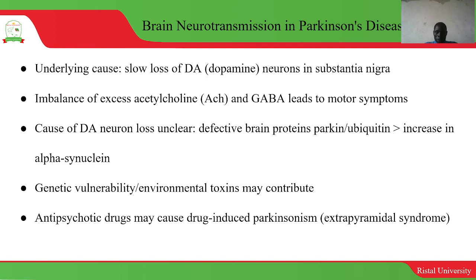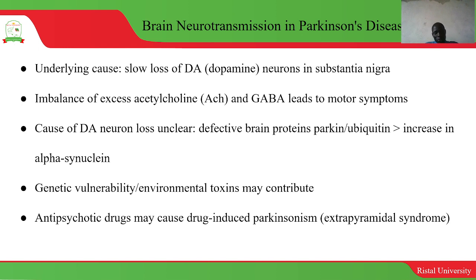Okay, now let's look at brain neurotransmission in Parkinson's disease. What happens here? The underlying cause is a slow loss of dopamine neurons in the black area, the substantia nigra area of the brain. The imbalance of excess acetylcholine and GABA leads to motor symptoms. Dopamine is inhibitory, it inhibits muscle action.